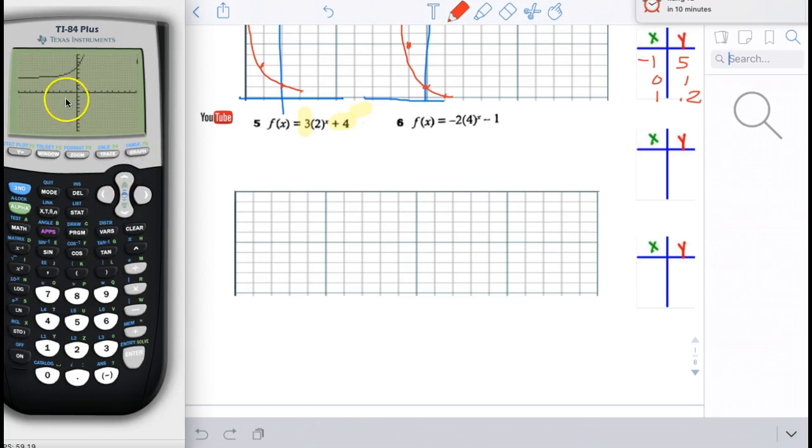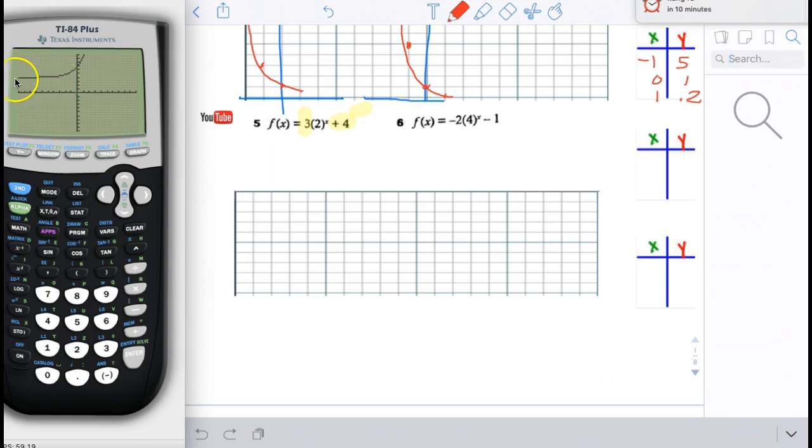Now, one thing I notice is instead of being kind of glued to the x-axis like it was before, now it's floating. Okay, so you may remember in the investigation that if you have a plus 4 here, that it kind of raises the value. So this is what we call an asymptote.